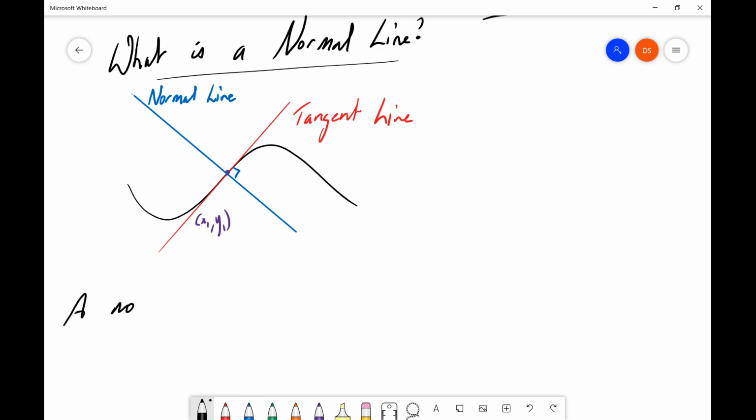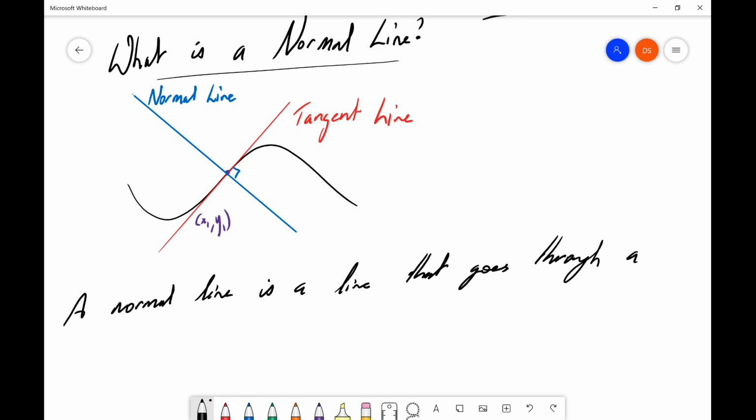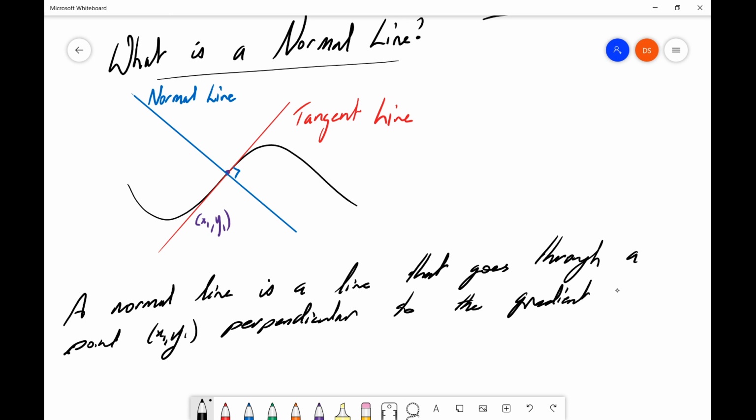A normal line is a line that goes through a point x1, y1 perpendicular to the gradient at that point.